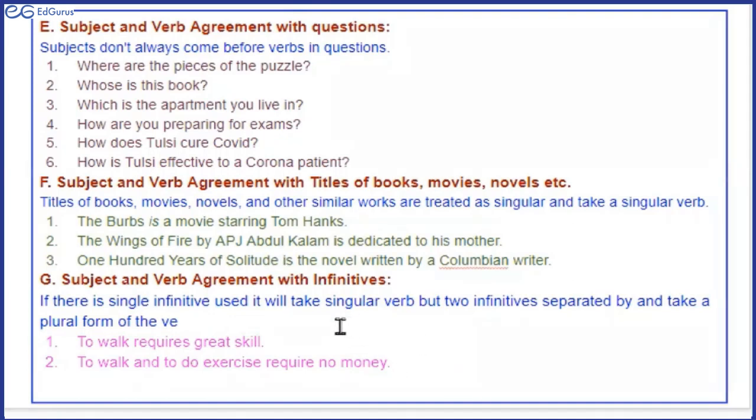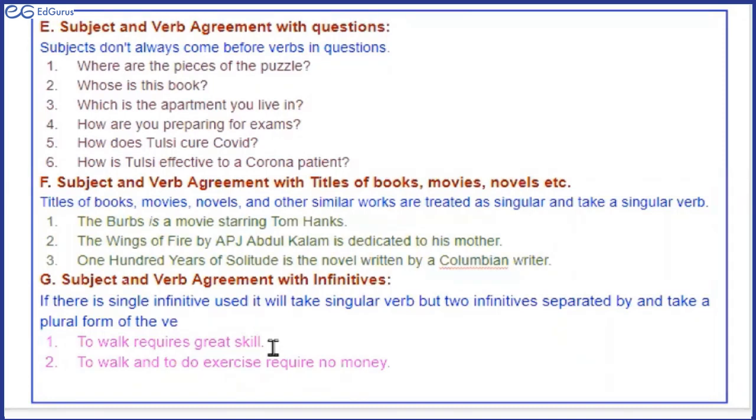Now, another rule is that when we use non-finites, infinitives, right, then it takes a singular verb. But two infinitives or non-finites, when joined by and, take the plural form. Look here, for example, to walk requires great skill. To walk is non-finite.